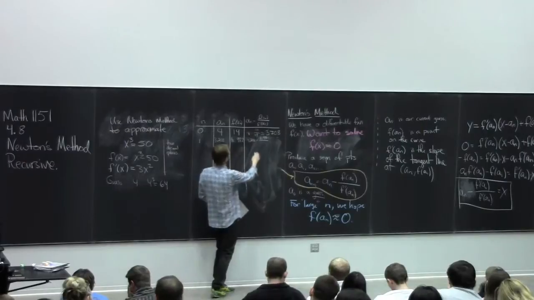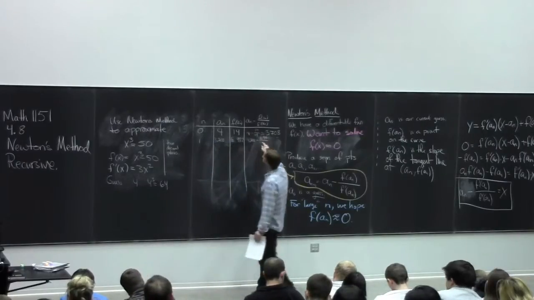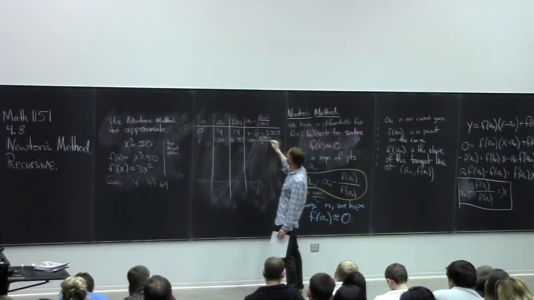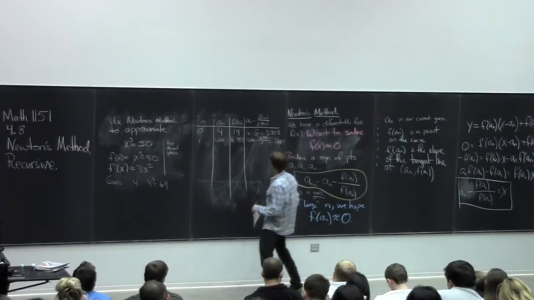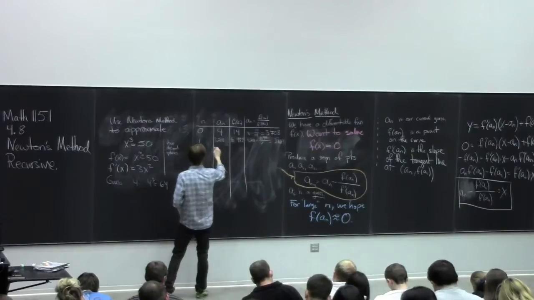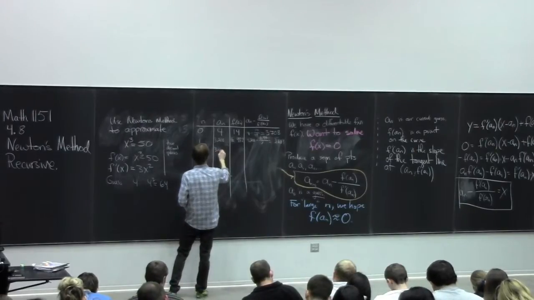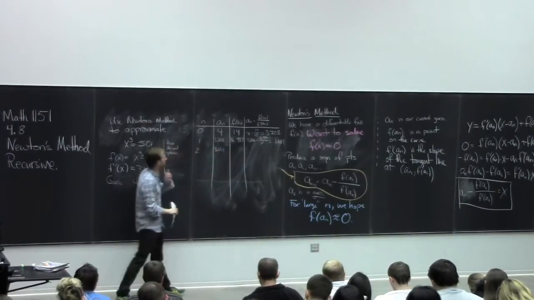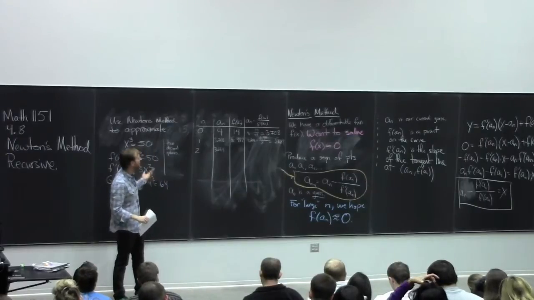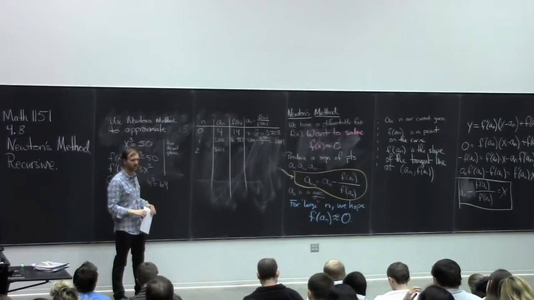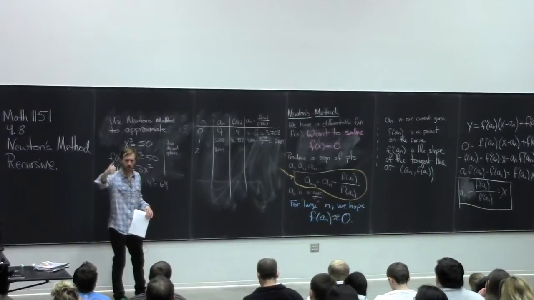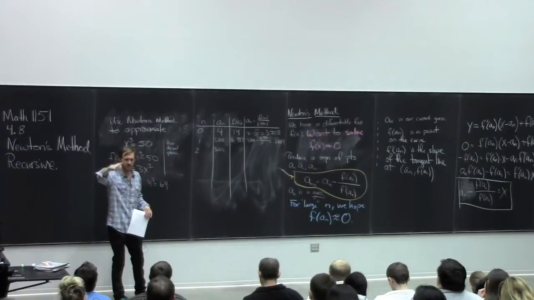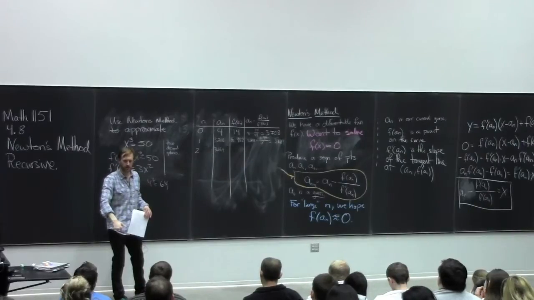F prime. I mean, I can't do this in my head. I'll put a question mark here, and this is about 3.684. And so now this becomes 2, and then put 3.684 here. And if we compute f of 3.684, we take 3.684 and we cube it, and then we subtract 50, right?